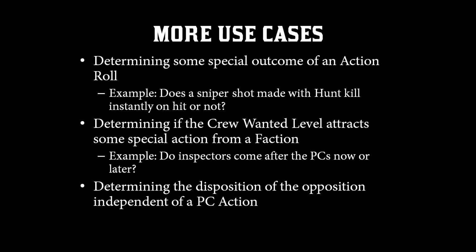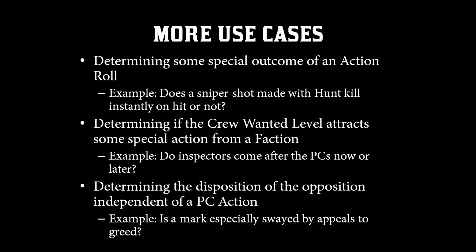Determining the disposition of the opposition independent of a PC action. So this is a really interesting case I hadn't thought of when I first considered what you could do with the action roll. Example, is a mark especially swayed by appeals to greed? If you think about this, with the action roll, the PC is using their action rating, let's say in Sway, to get what they want, to try to overcome the opposition.